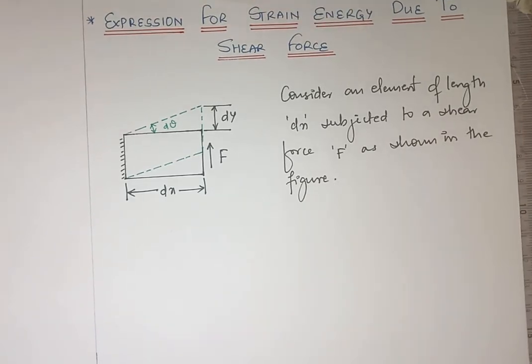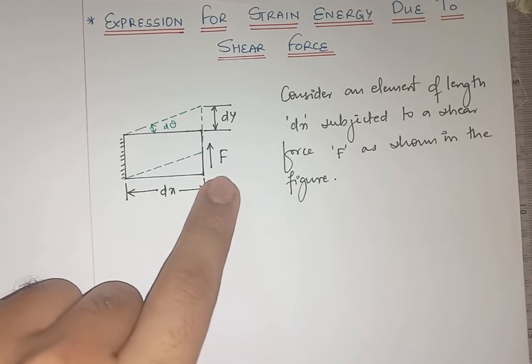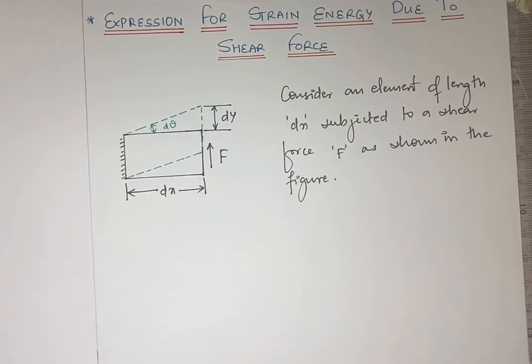Right. So once if you consider this, after applying the shear force, the vertical displacement or the transverse displacement is found to be how much? It is dy, and the shear strain is found to be d theta.